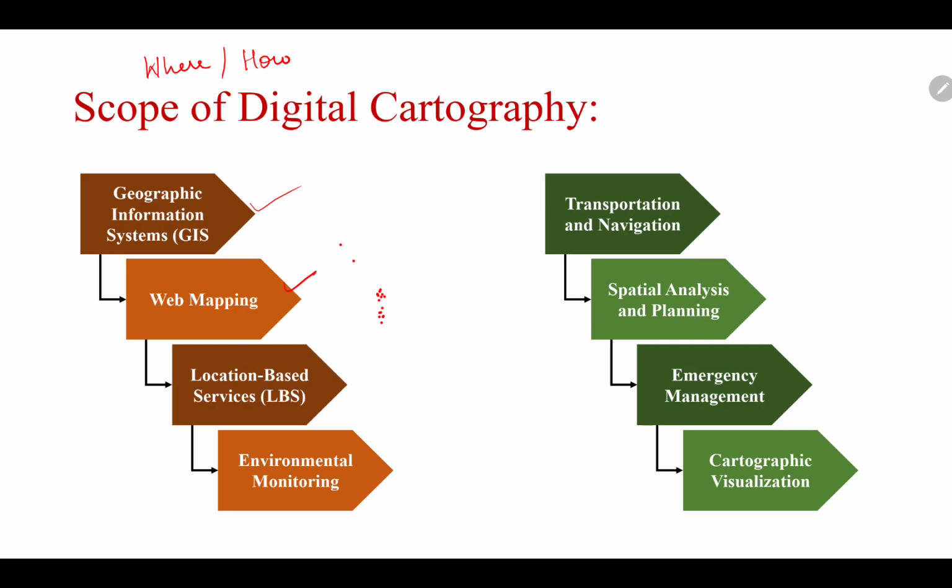The internet has given us widespread information of digital maps, right? We have a lot of platforms. We have Google Maps, we have OpenStreetMap, we have Google Earth, and I think there is Apple Maps, something that iOS has come up with. So Apple has come up with their own type of maps as well.